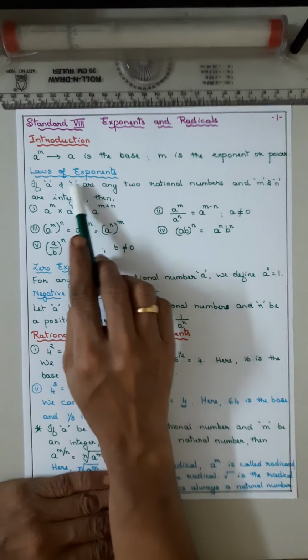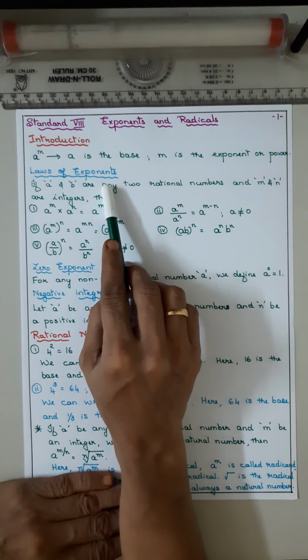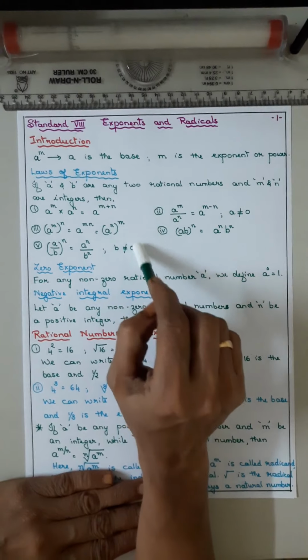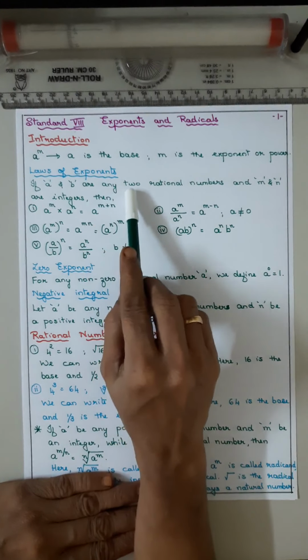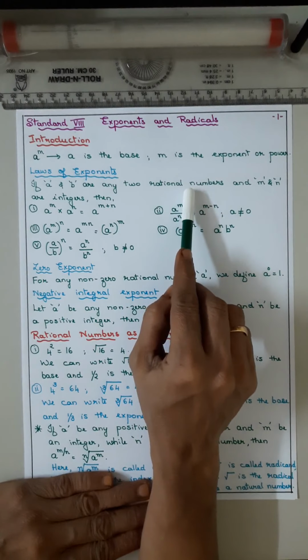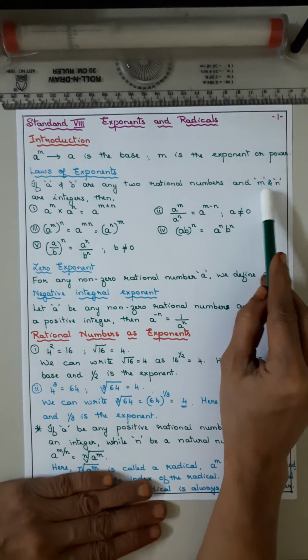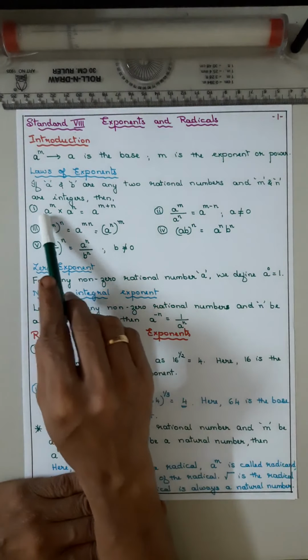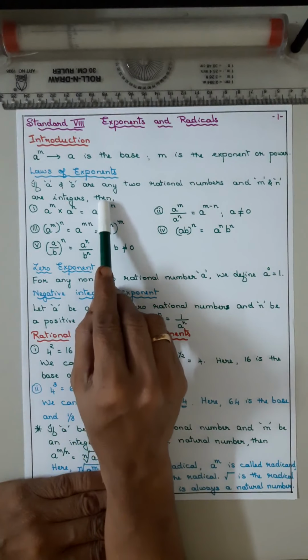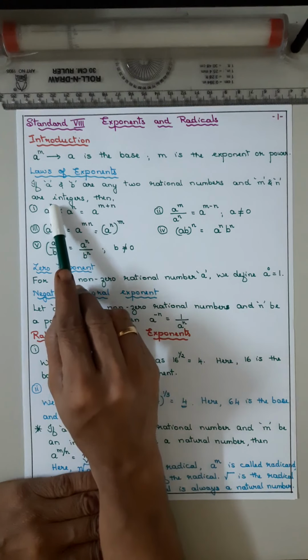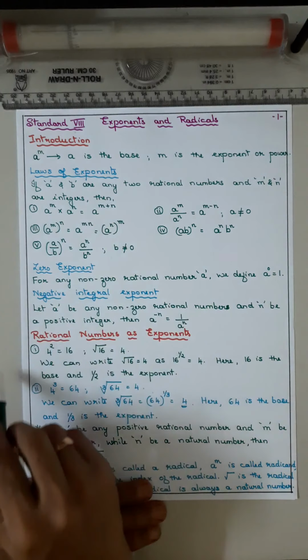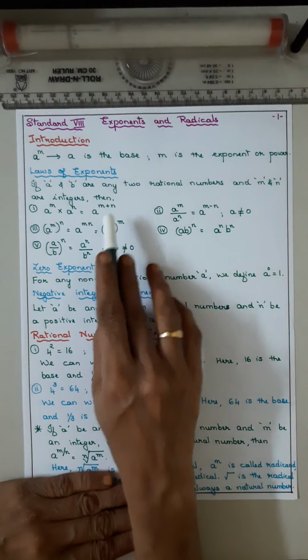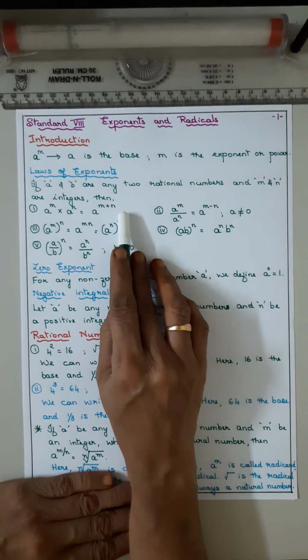Now the laws of exponents. What are the laws of exponents? Even this you know. If a and b are any two rational numbers and m and n are integers, then a to the power m into a to the power n is equal to a to the power m plus n.